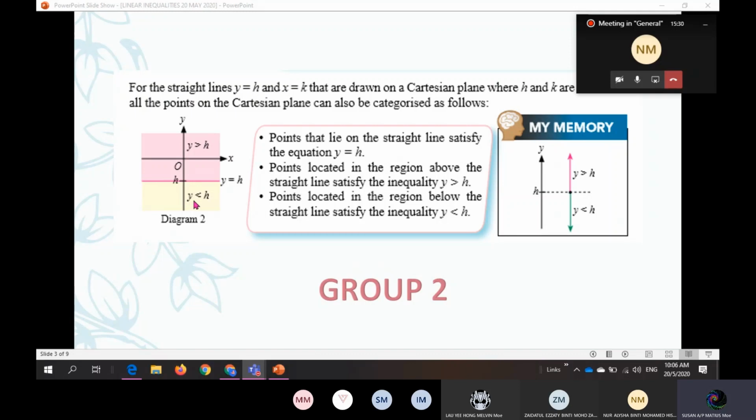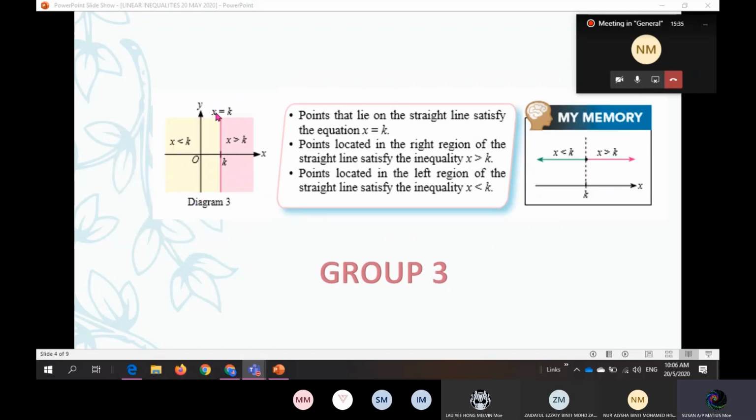The third one is when you have a straight line which is parallel to the y-axis. When it is parallel to the y-axis, the gradient is undefined, and the equation is given by x equals k. In this case it's the same thing, but now there is no above and below, so you have to look at left and right.